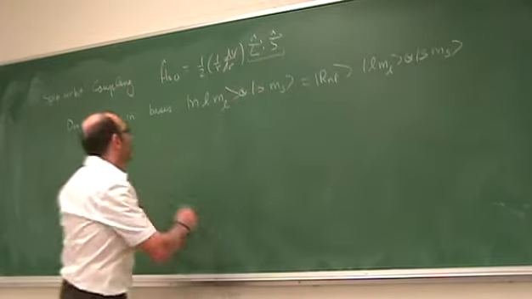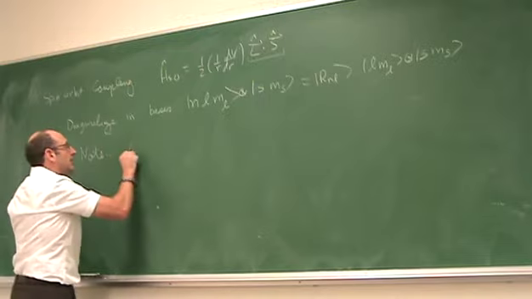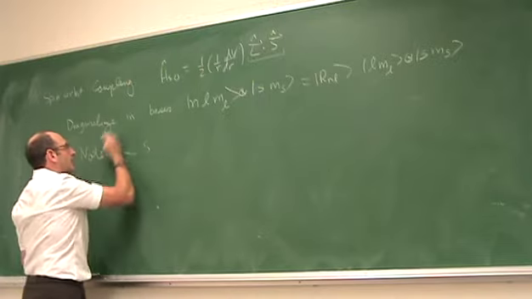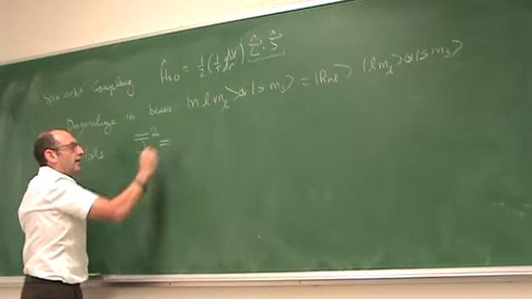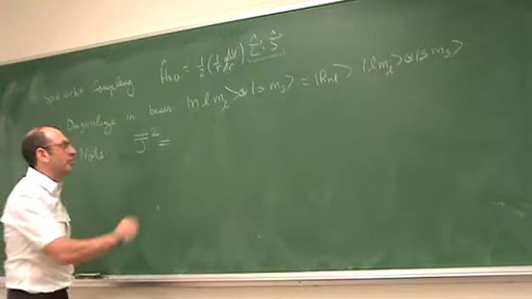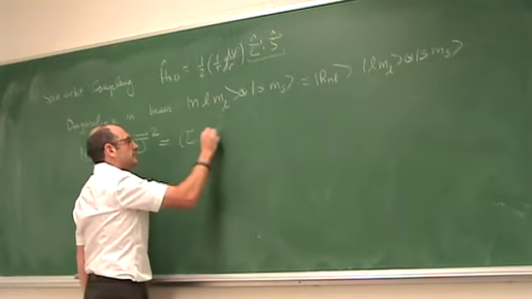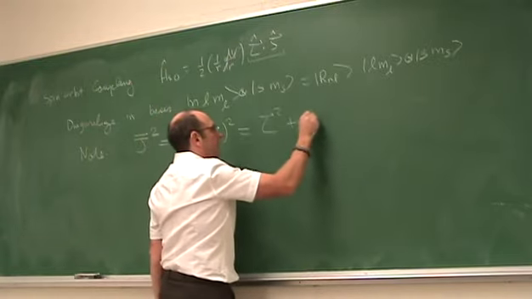We know we can diagonalize this by I. Why? Because note, L dot S, well, if I look at the magnitude of the total angular momentum of the electron, spin plus orbital, squared, that's L squared plus S squared.